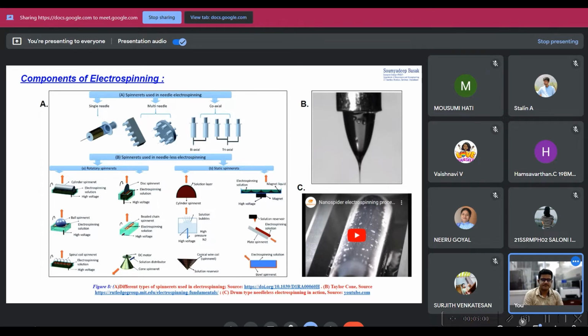What do we call it? Try to remember. We call it a Taylor cone, right? First the Taylor cone forms, then the polymer whips out and collects on the stage. We also studied various kinds of stages, not only a static stage but also a rolling surface, as well as other kinds of surfaces depending upon the application in hand.